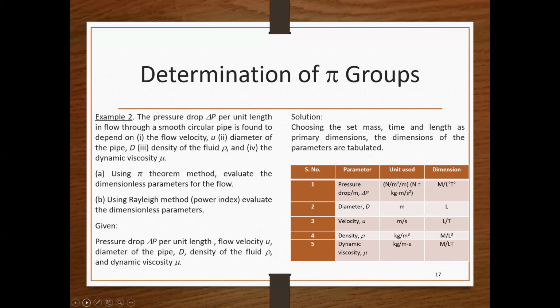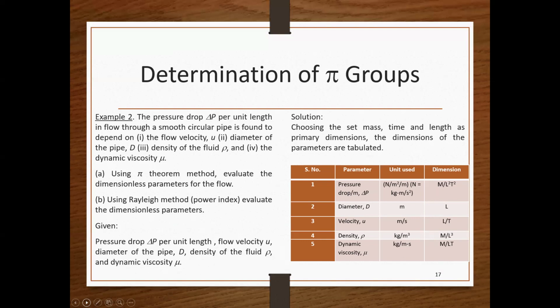Okay, so given the pressure drop delta P per unit length, flow velocity U, diameter of the pipe D, the density of the fluid rho, and the dynamic viscosity mu. Solution: choosing mass, time, and length as primary dimensions, the dimensions of the parameters are tabulated.